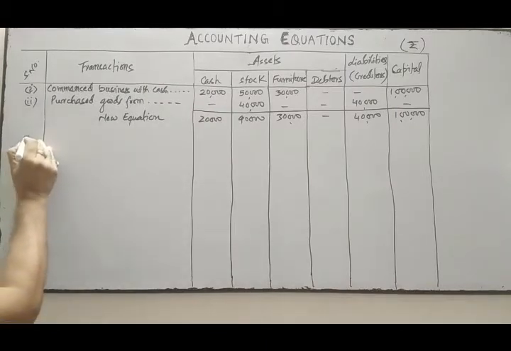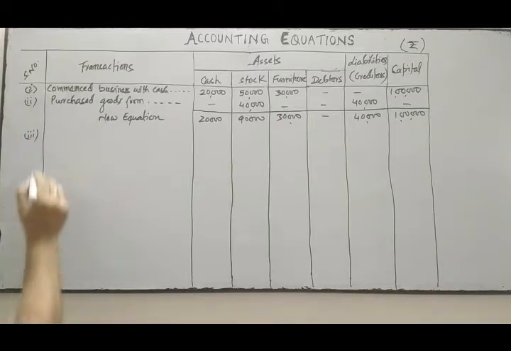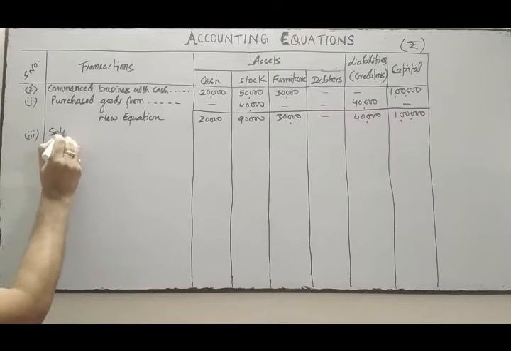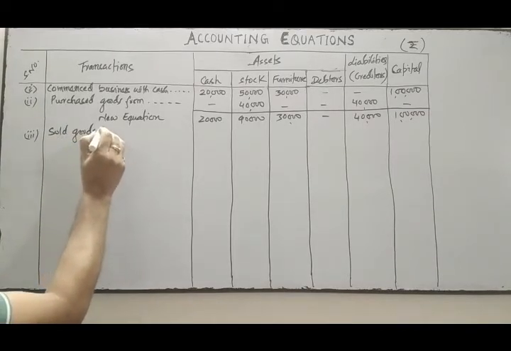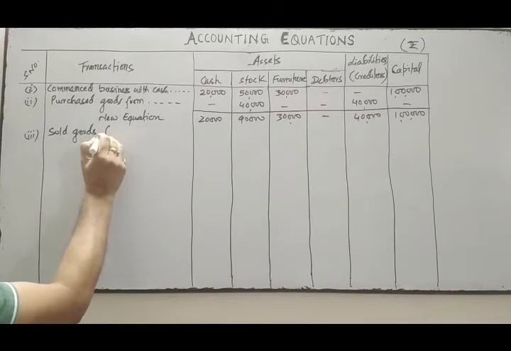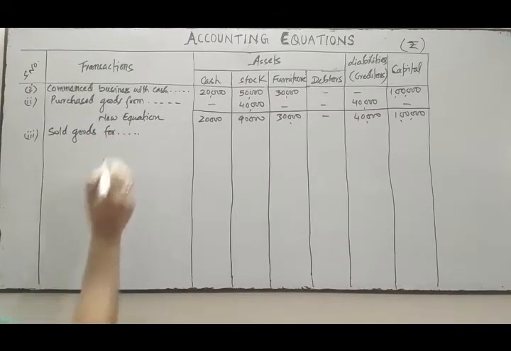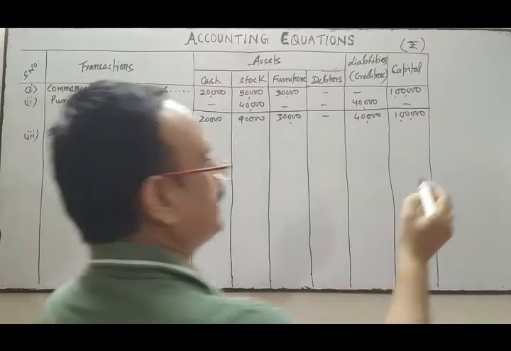Third transaction, transaction number 3: sold goods for cash 40,000, costing 30,000.